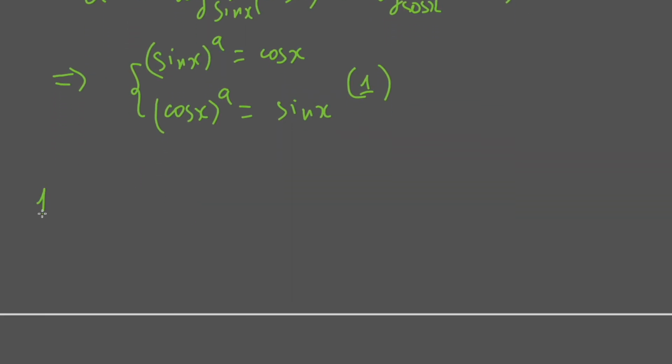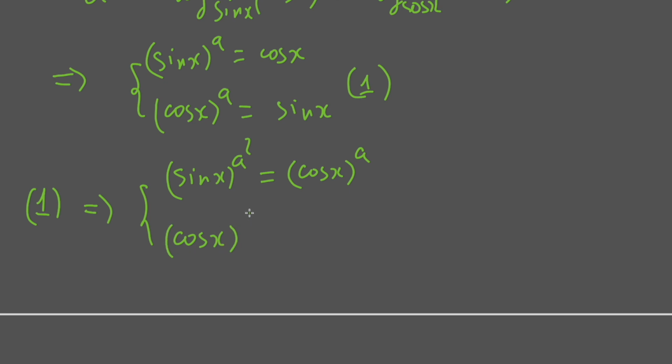From the first equation of the system, we have sin x power of a, squared, equal to cos x power of a. And now we can replace the cos x power of a in the first equation with sin x from the second equation.